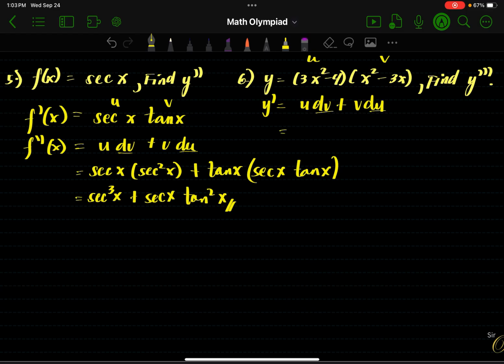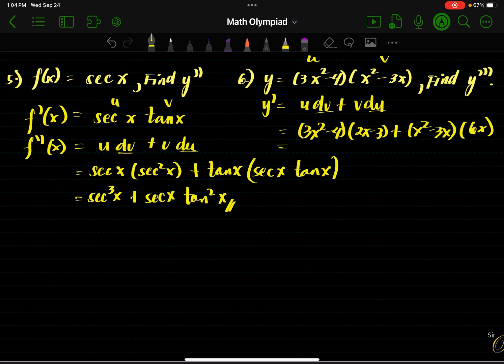What is u? 3x squared minus 4, and the derivative of v is 2x minus 3, plus copy v, the x squared minus 3x, and then the derivative of u is 6x.